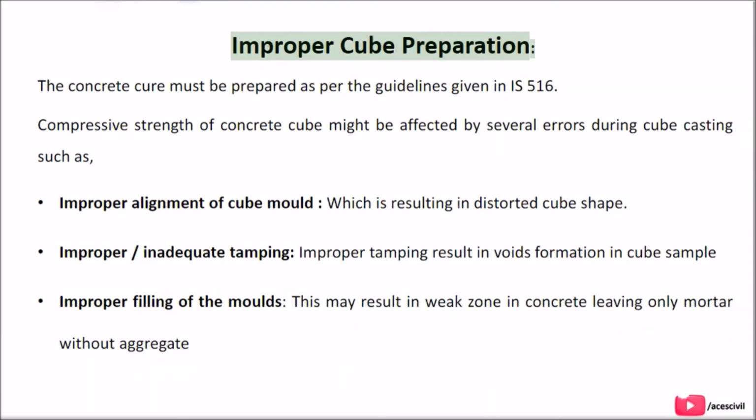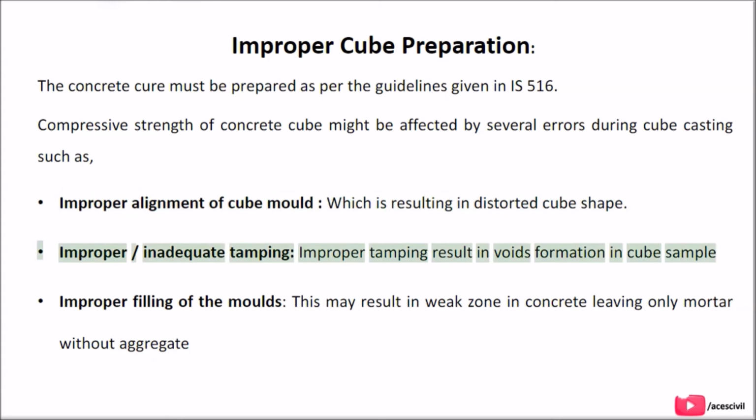Improper cube preparation. The concrete cube must be prepared as per the guidelines given in IS 516. The compressive strength of a concrete cube might be affected by several errors during cube casting, such as improper alignment of the cube mold, which results in a distorted cube shape.